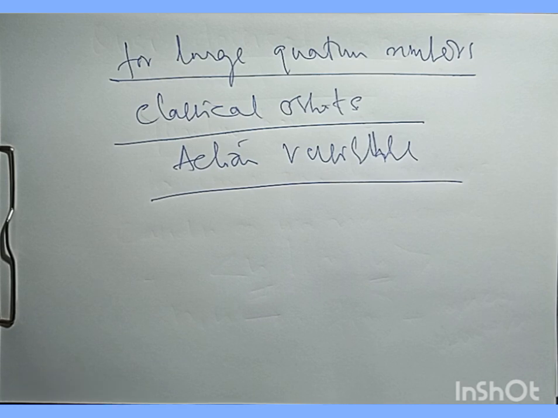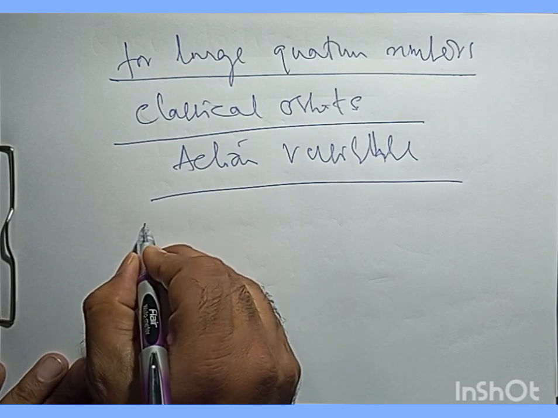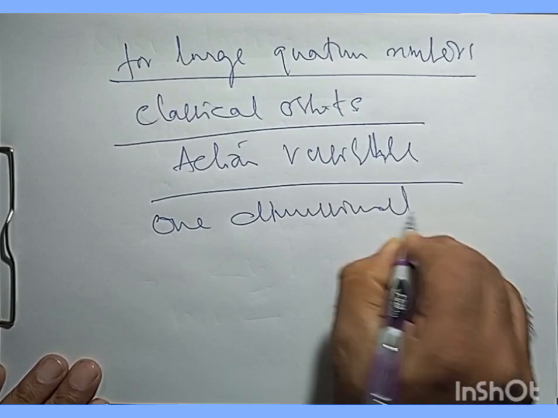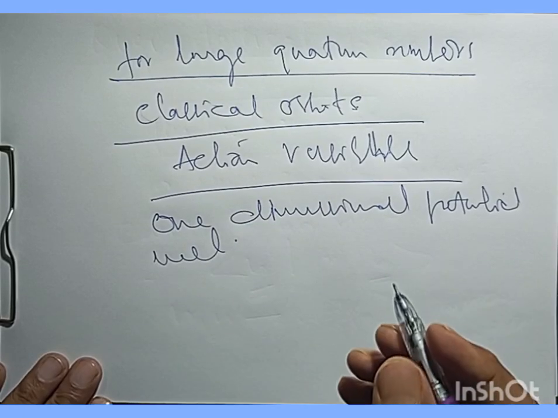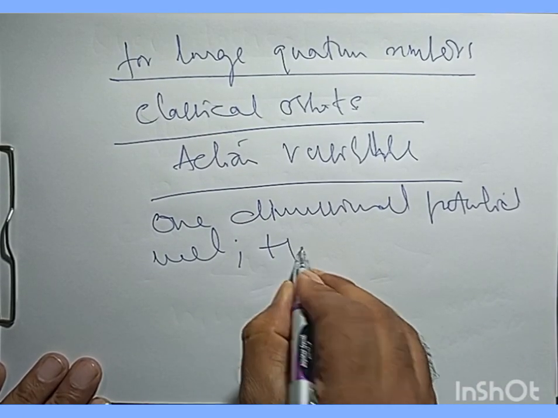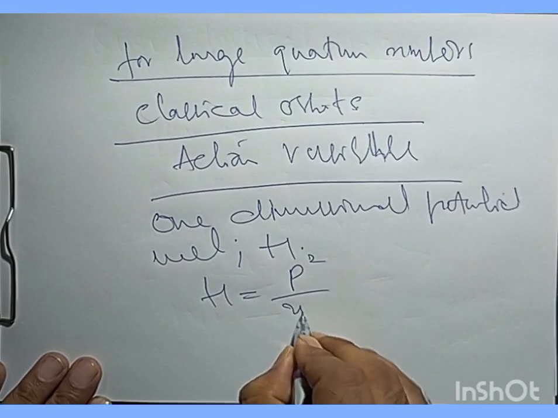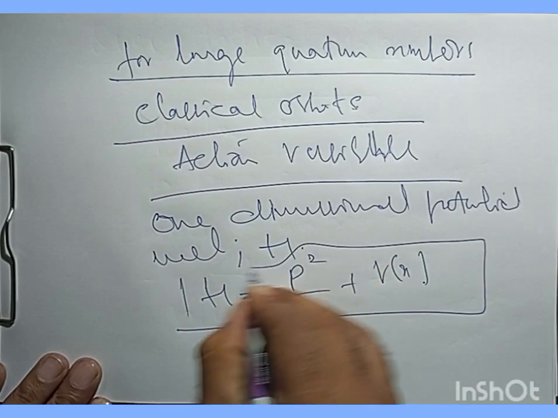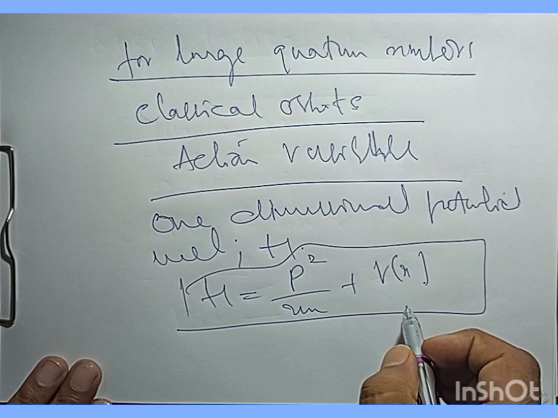Now, if I take this problem of the matrix element to a one-dimensional potential well, its Hamiltonian is H, and H can be written as the sum of its kinetic energy and the potential energy, where H is the Hamiltonian, P is the momentum operator, and V of x is the potential energy.